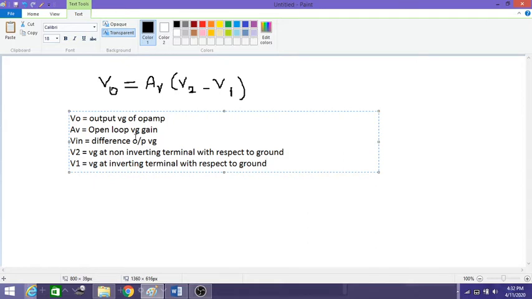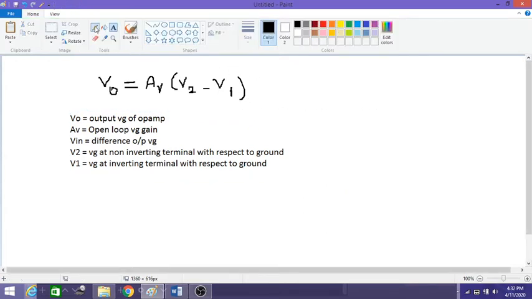V0 is the output voltage of the op-amp that we have already written. So this equation can also be written as V0 = AV times Vin, where Vin is the difference V2 minus V1. Now, the virtual ground concept: ideally the open loop voltage gain AV is equal to infinity.